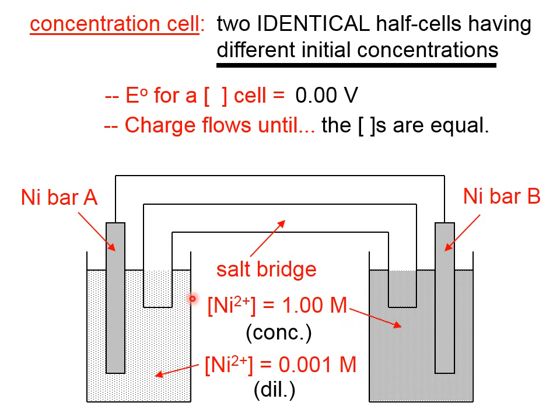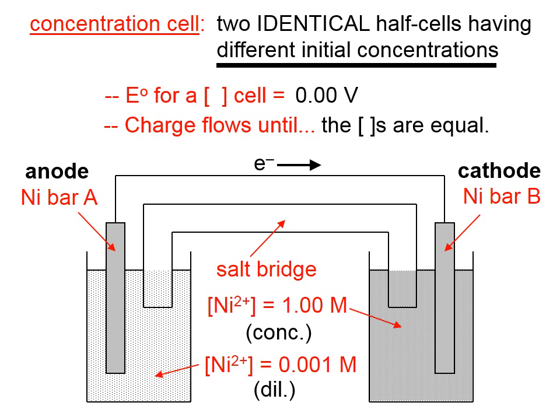Hopefully that suggests that on the left, we're going to have oxidation taking place with some of these nickel atoms from bar A sloughing off into solution as nickel 2 ions, and on the right some of these nickel 2 ions plating out as neutral nickel atoms onto bar B. Electrons would have to flow in this case from the left to the right. Bar A would be the anode and bar B would be the cathode.